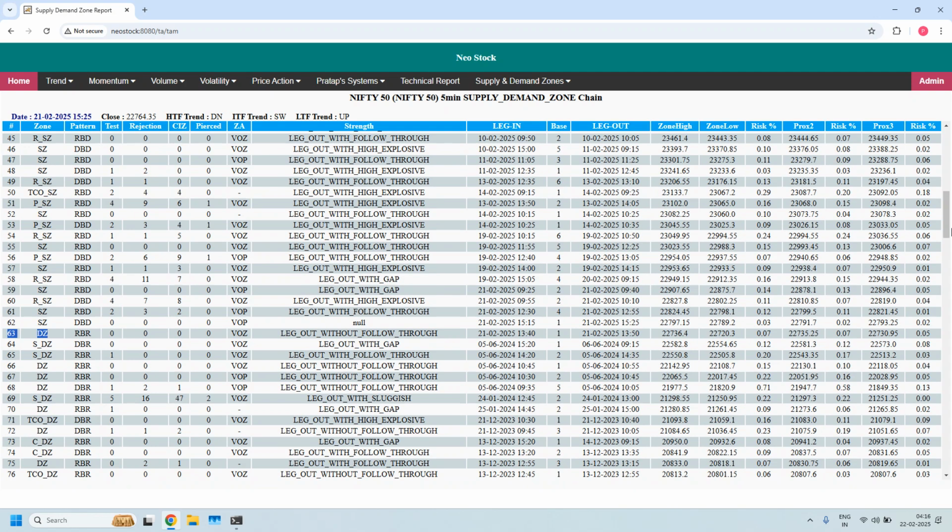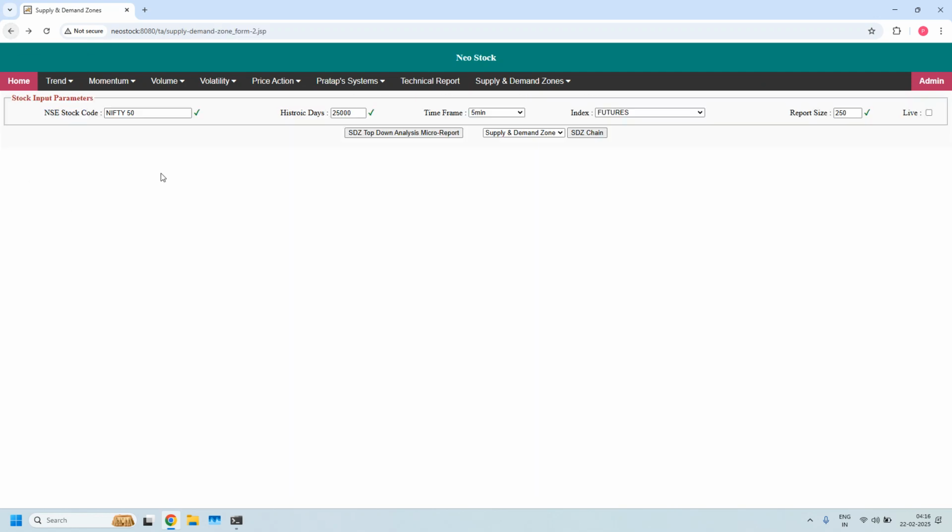Next we will generate supply demand zone chain for BANKNIFTY. That is nothing but NIFTY Bank. So I am generating monthly supply demand zone chain for BANKNIFTY.